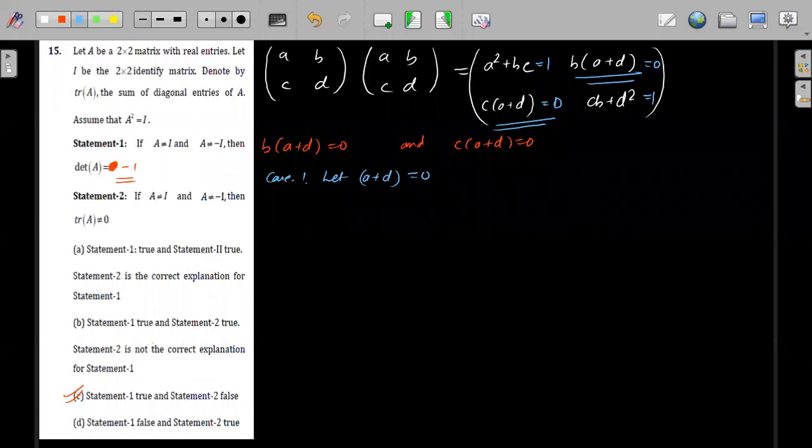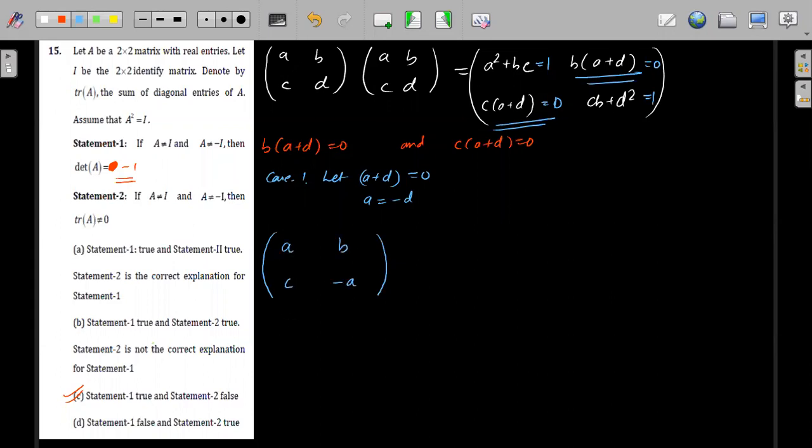If a plus d is equal to 0, that means a is equal to minus of d, right? And the first thing they have given is that A is not equal to I, and A is not equal to minus I. Now, if a is equal to minus d, this matrix will get transformed into such form: a, b, c, and minus a.